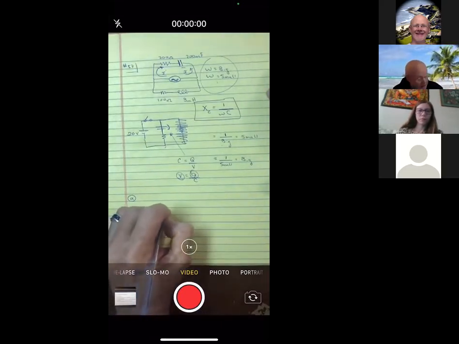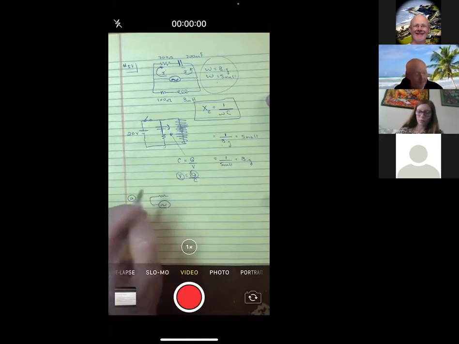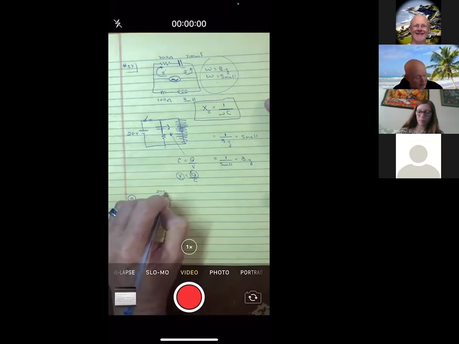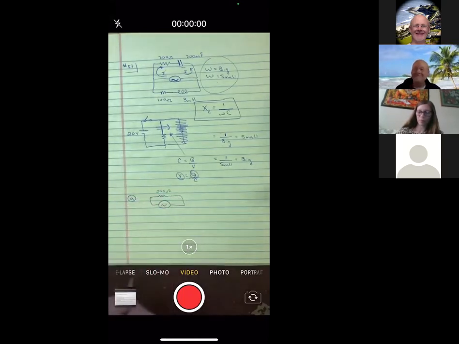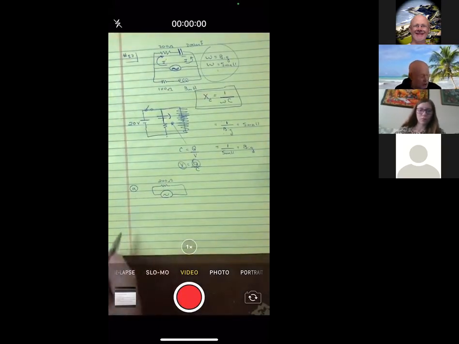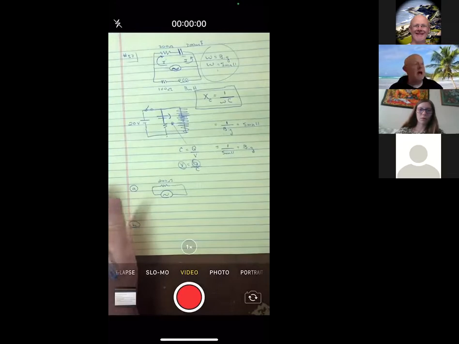We say, okay, if you have an AC source, and so for A, I have a resistor up at the top. That's the 200 ohms. And nothing else. And so that's how I'm going to do at least the top branch of A. I'm going to say there's not even a capacitor there because I'm at a high frequency.